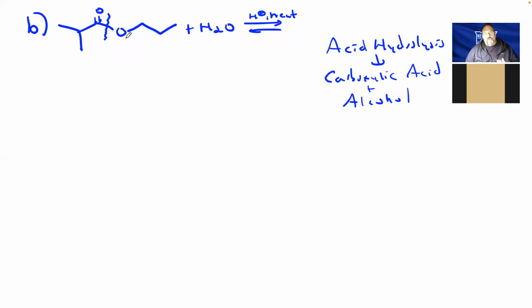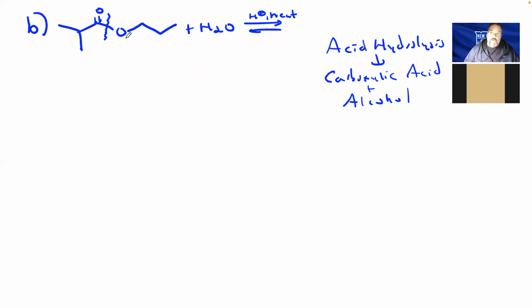I should have mentioned it earlier, but what you need to be able to tell is which part, in terms of that squiggly line, to the left or to the right, is going to be the carboxylic acid or the alcohol portion. The easiest way to tell is the C double bond O group has to be the carboxylic acid portion. Alcohols don't have C double bond O groups. So the C double bond O group has to come from the carboxylic acid.